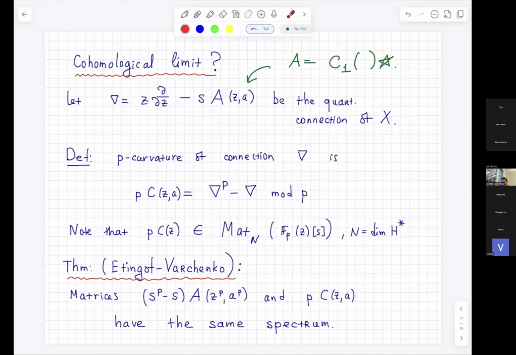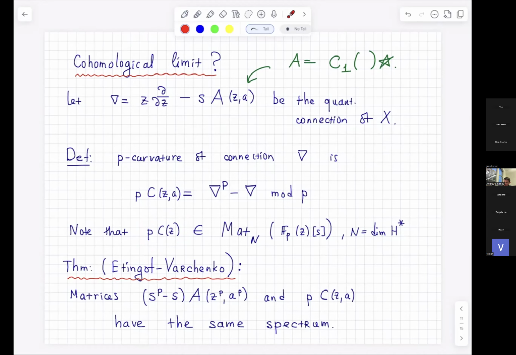And there is a natural question: the dimension of this matrix is given by the full dimension of the cohomology of your variety. And then what is the spectrum of this operator? What is the spectrum of this matrix? What Etingof and Varchenko proved is some kind of isospectrality result.